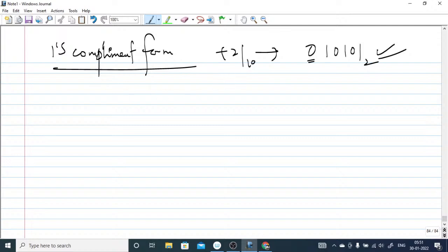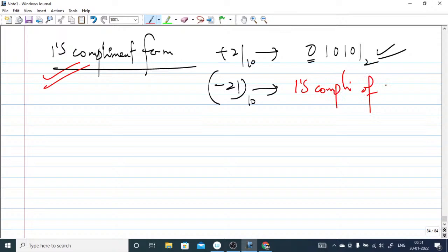But let us take minus 21, and we have to find the 1's complement representation. You can write this as the 1's complement of 0 1 0 1 0 1.